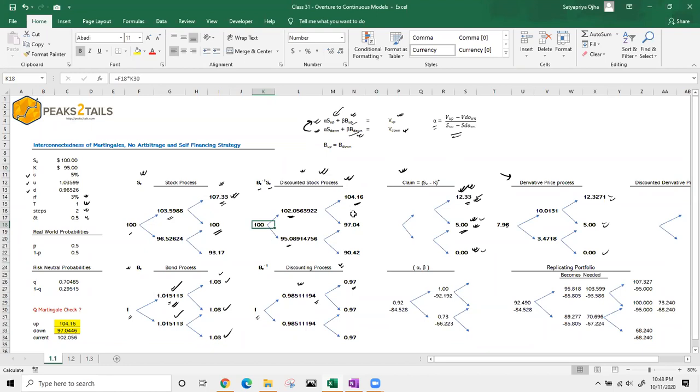So can I say that if I take the expectation of these values, it will still be 100? After all, it is a martingale, right? If the last known value is 100, then if you take any future value, any possible states at any future point of time, the expectation of that would be the last known value. You can stand here and make the comment, because from here you cannot go here.